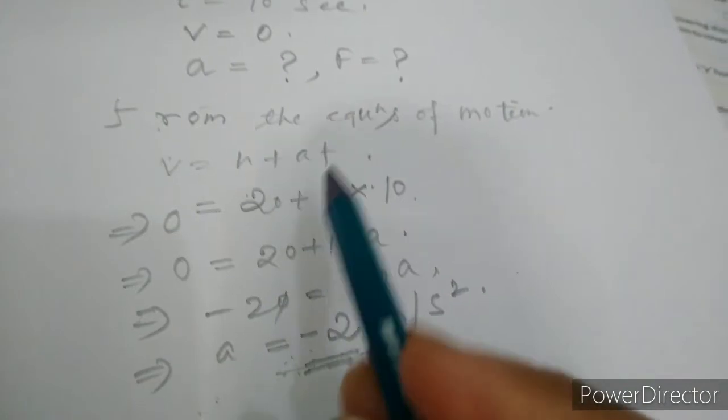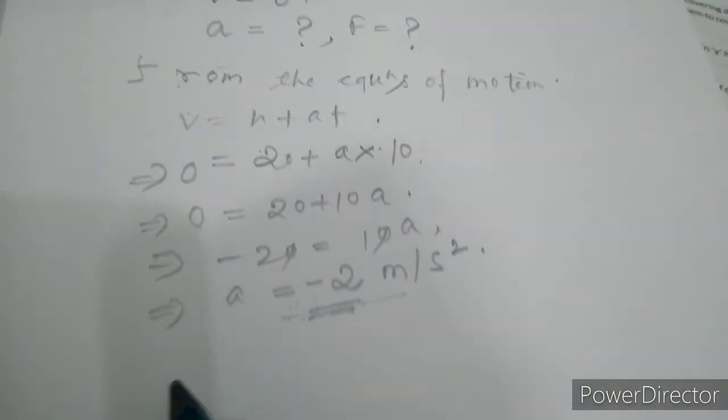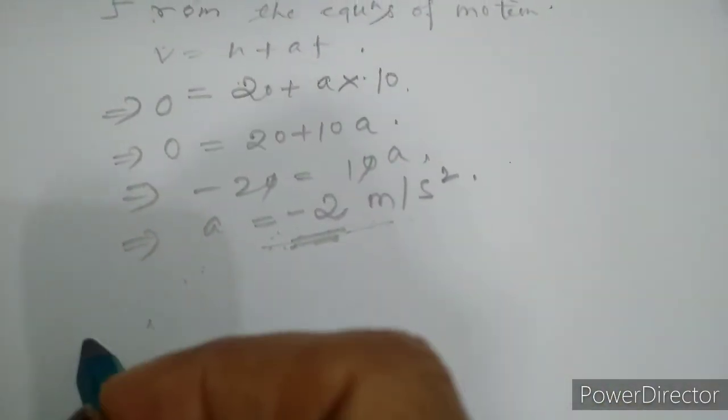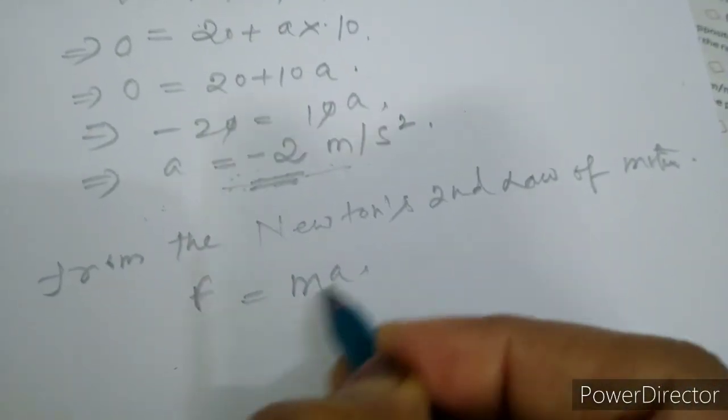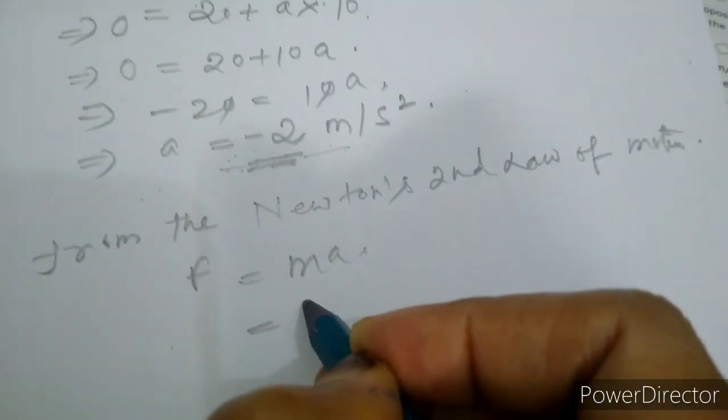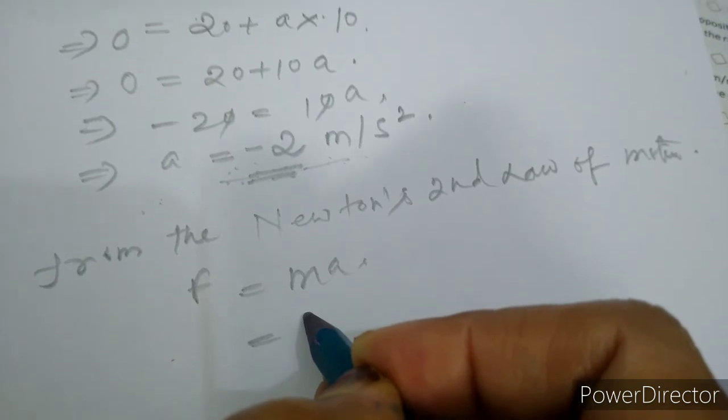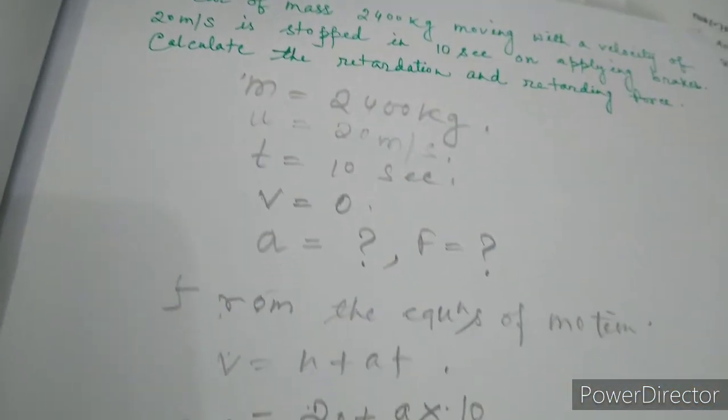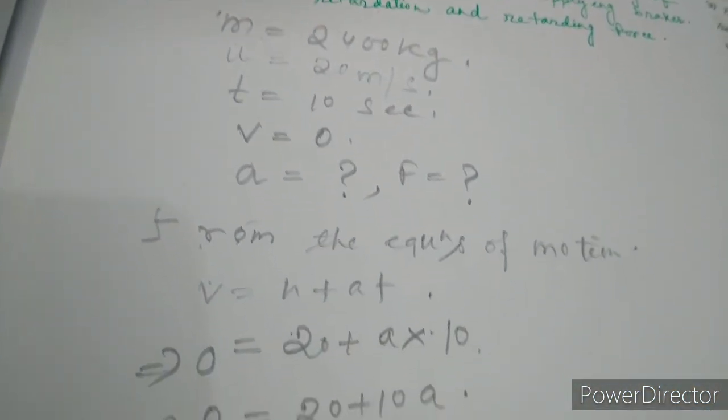Next step is to find the F. So Newton's second law of motion you know, F is equals to ma, right? So put here m is how much? M was 2400. See, it is 2400.